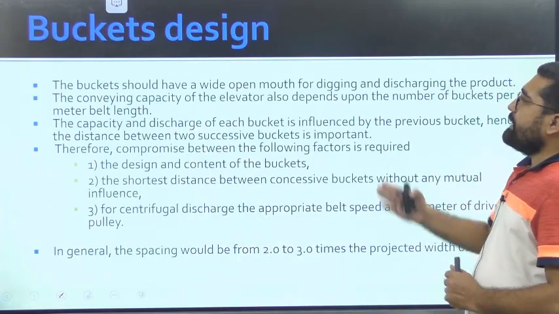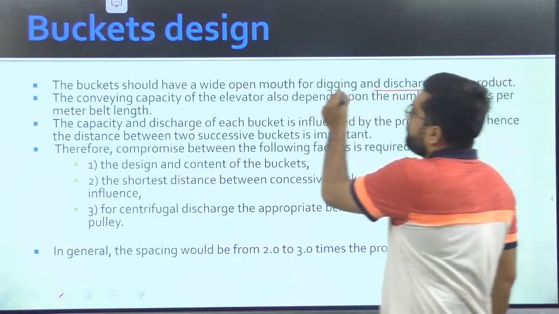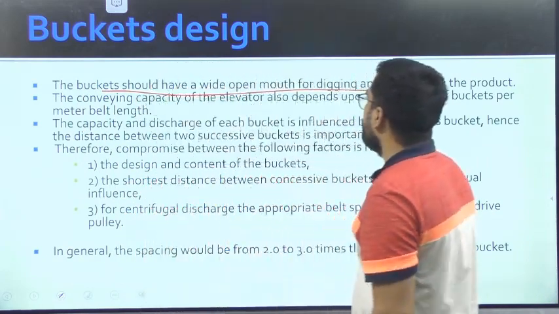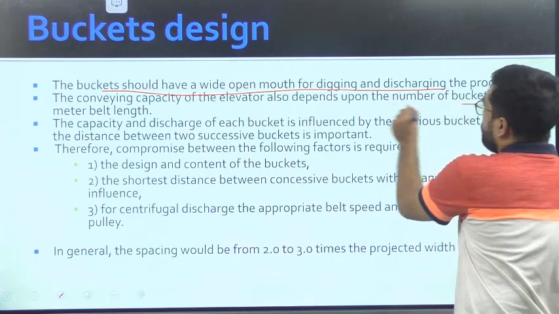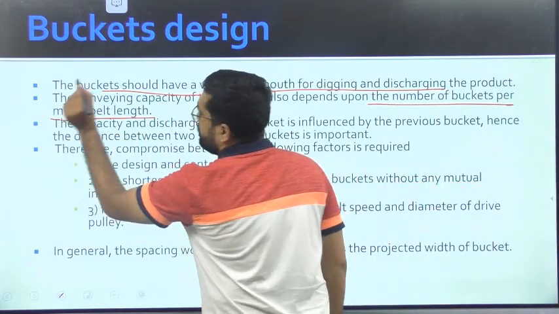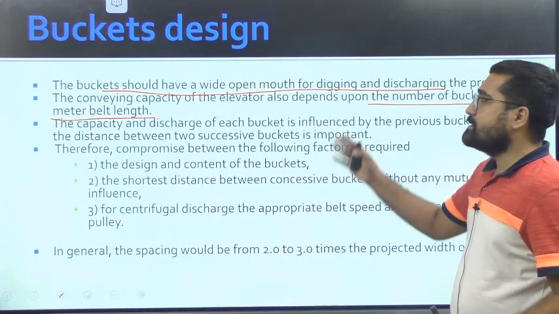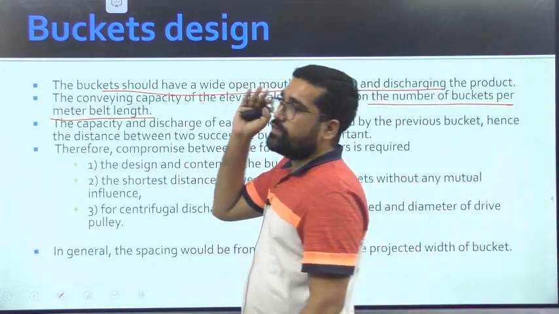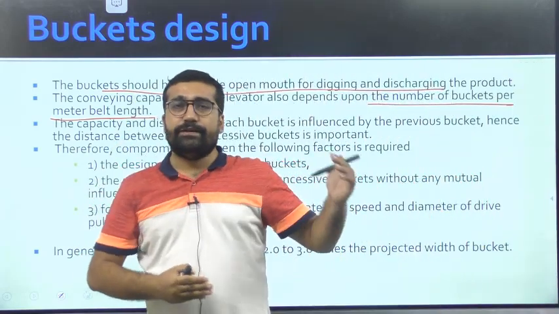A bucket should have a wide open mouth for proper discharge. This is important. The conveyor capacity also depends upon the number of buckets and the length of the belt. Now for the conveyor capacity formula, we find the number of buckets per meter length.